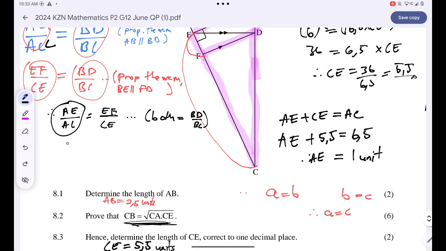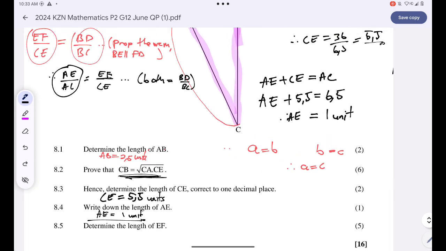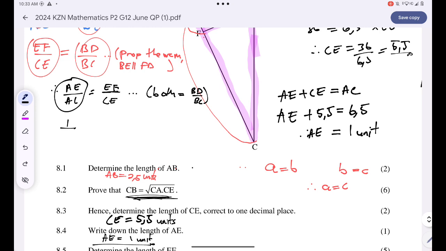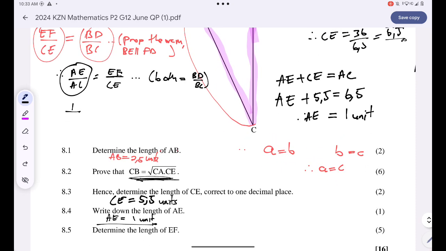I know that the length of AE, I found it to be 1 unit. The length of AC is just 6.5, and I want to find the length of EF. But CE, I calculated it to be 5.5. So the only unknown variable I have over here is EF. So if I multiply both sides by 5.5, I'll simply get EF.